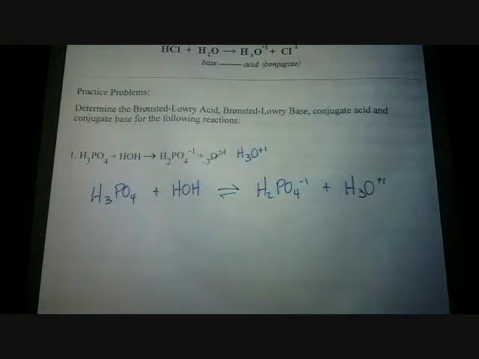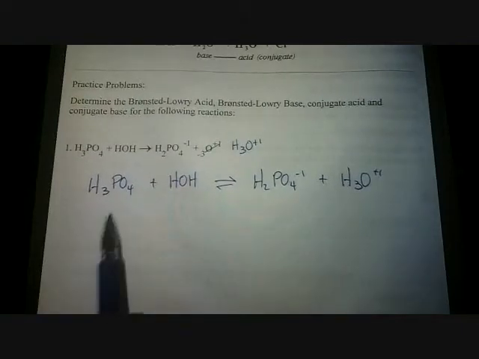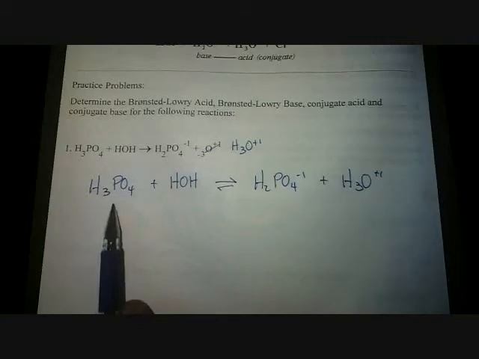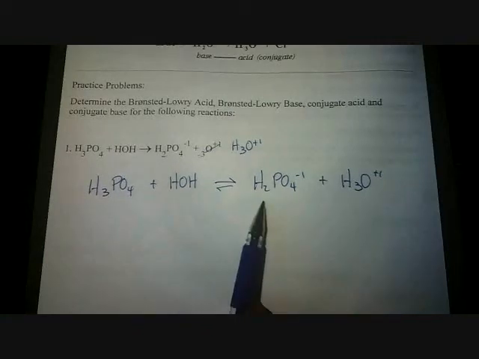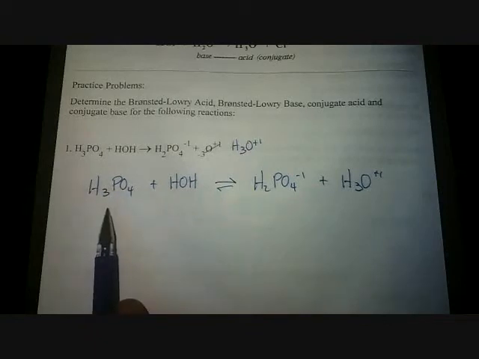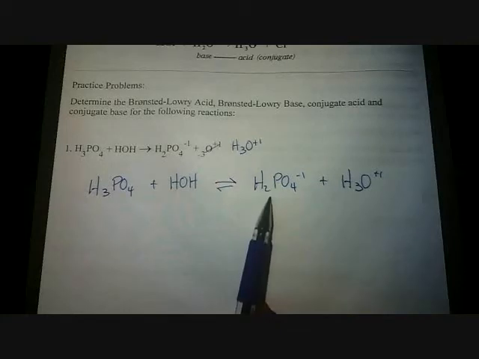All right, so here's how we can determine who the acid is, who the base is, who the conjugate acid, and who the conjugate base are. Look at the before and after. So here we have H3PO4. Over here we have H2PO4 with a -1 charge. Going from the left side to the right side, did the compound gain a hydrogen ion, or a proton, or lose one?